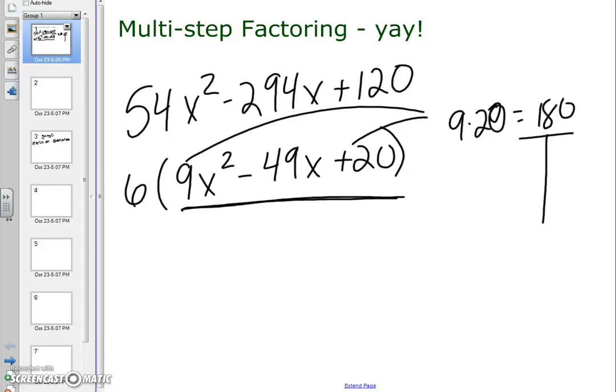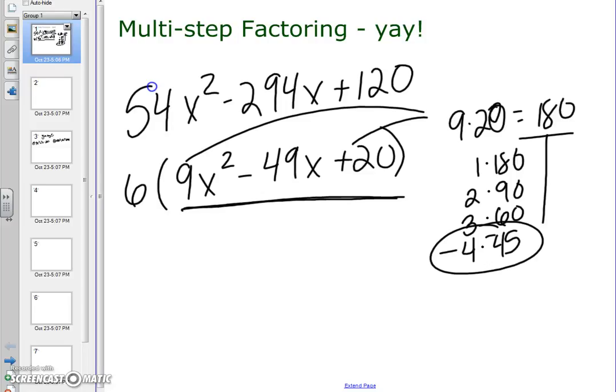So if you're not very good at factoring, punch in your calculator. 180 divided by 1 gives you 180. 180 divided by 2 gives you 90. 180 divided by 3 gives me 60. 180 divided by 4 gives me 45. And look, we don't even have to go that far because I can see right now that 4 and 45 of some sort, if they were both negative, would give me a negative 49, so we really don't have to factor too much.